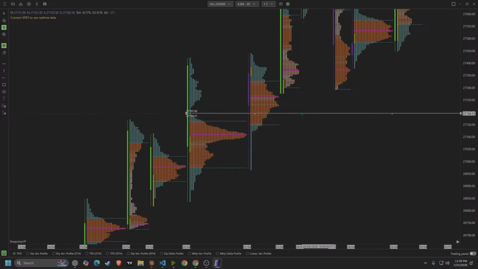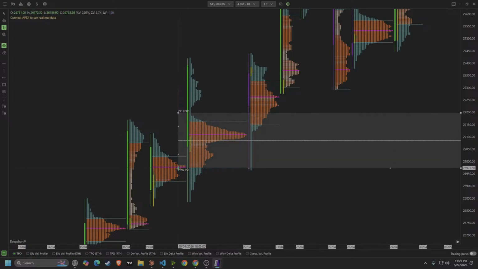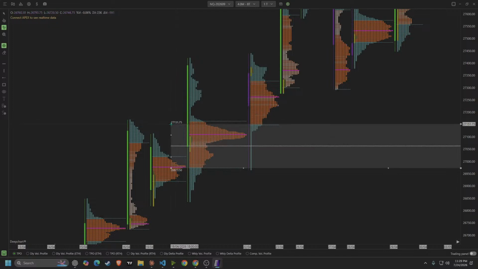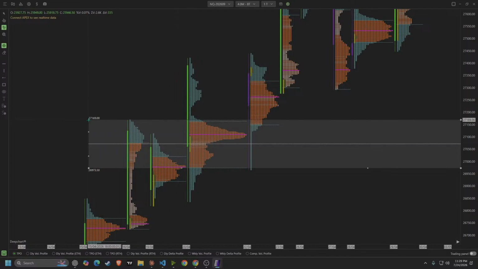Even tighter, zooming in a little bit, that looks better.